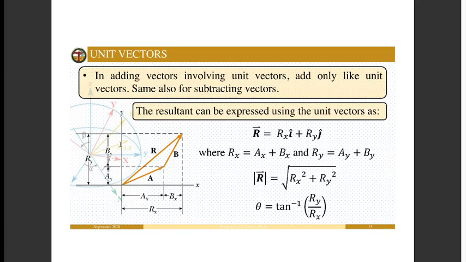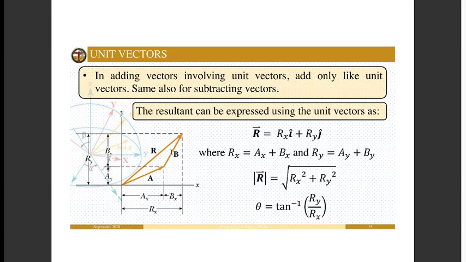So that is why you have to make sure nga meron kayong definite na axis kung saan kayo magdo-draw. Okay? For example, I have a y and x axis here, and I put the tail of your vector A sa origin ng x and y axis mo. Then connect this one to vector B.